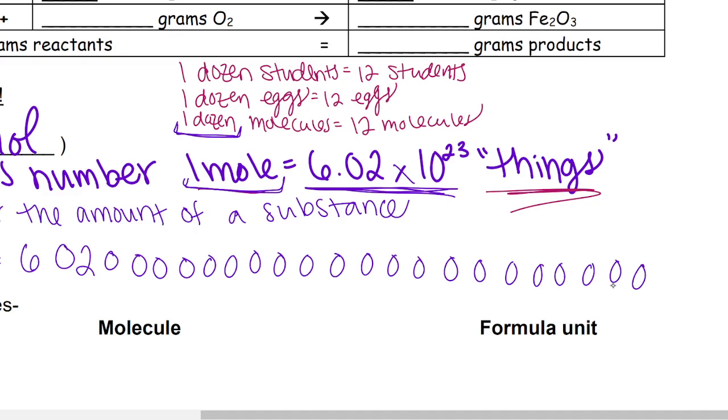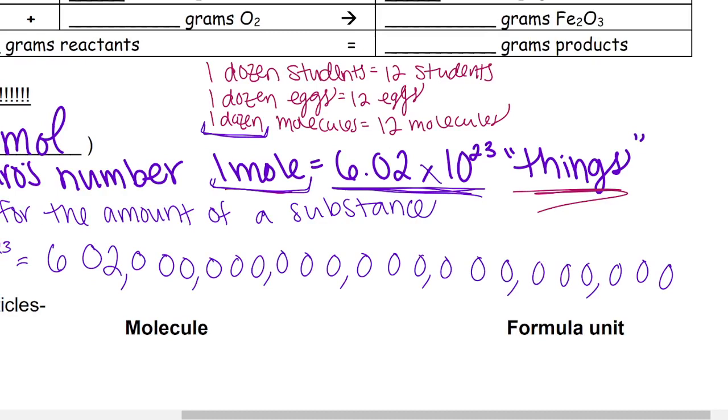So if I go 1, 2, 3, comma, 1, 2, 3, comma, 1, 2, 3, comma, 1, 2, 3, comma, you have 3, 6, 9, 12, 15, 18, 21 zeros tacked onto the end. So when I grade your notes, I'm going to look for this number written on there. So take this time to actually write it out.